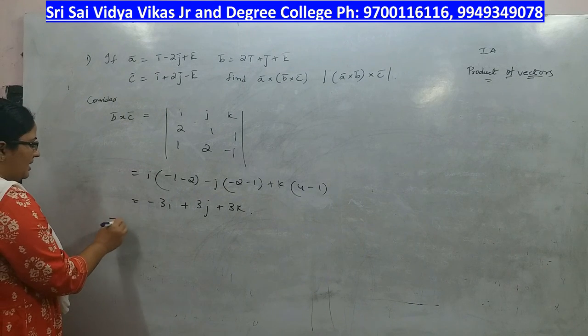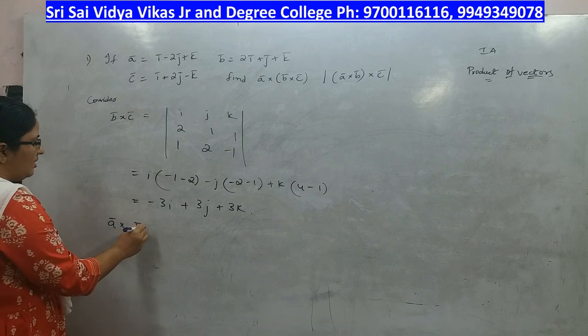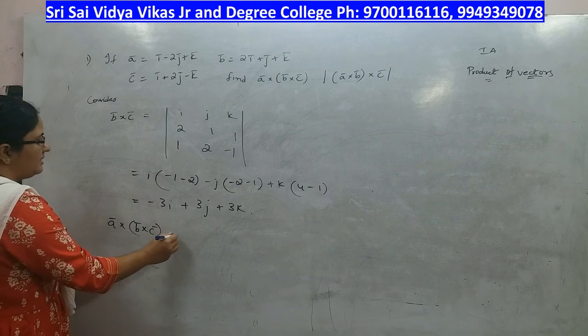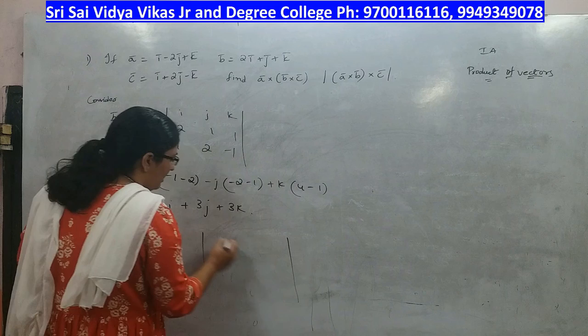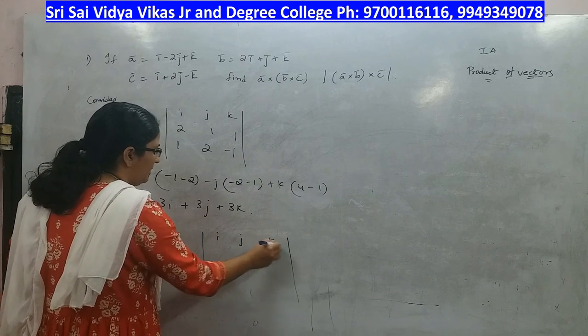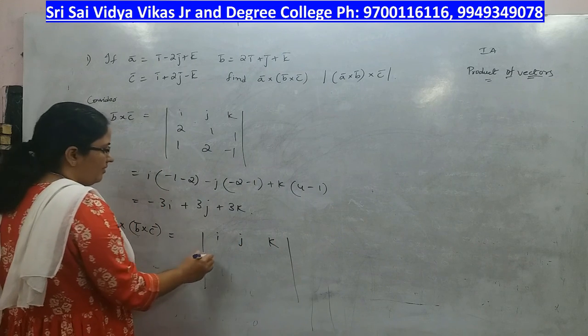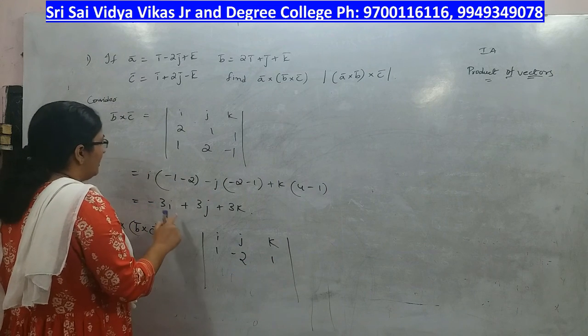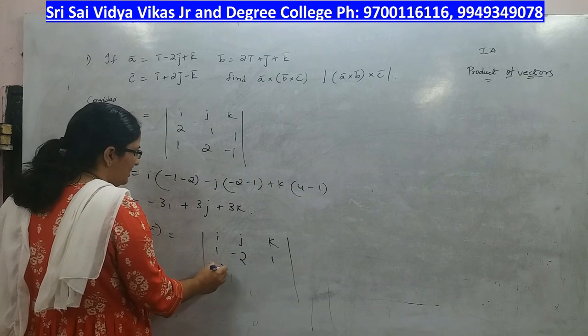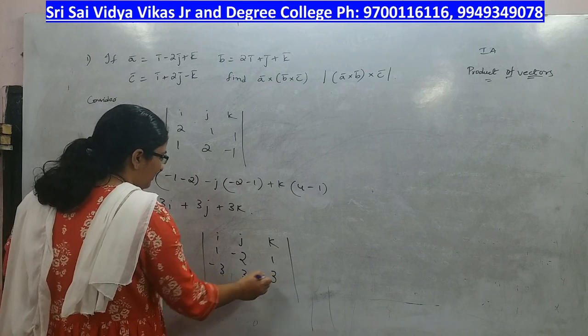Then a bar cross b bar cross c bar is nothing but i, j, k, a bar 1 minus 2, 1, b bar cross c bar minus 3, 3, 3.